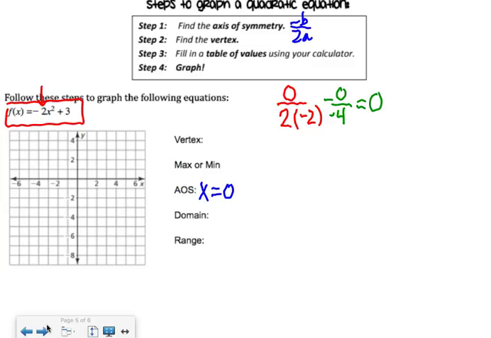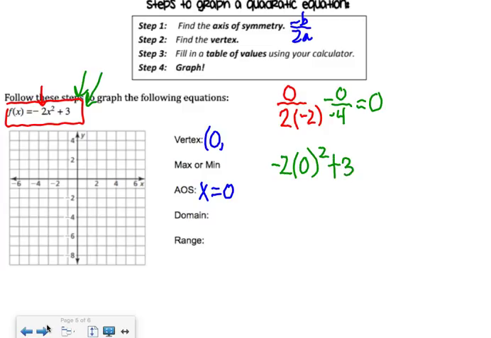And we know that this 0 is the same as my vertex's x value. But now how am I going to find that y value? Well, it's easier than you think. All we have to do is plug into our equation over here. So if I do that, I'm going to have negative 2 times 0 squared plus 3.